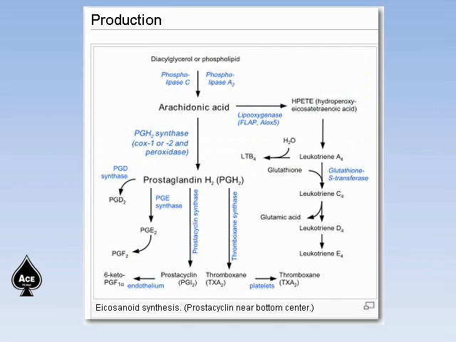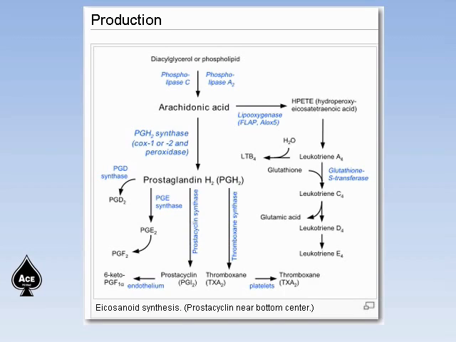I am showing the pathway of production of PGI2. Arachidonic acid is produced from diacylglycerol or phospholipid, and PGH2 synthase, that is COX1 and COX2, and peroxidase convert it into prostaglandin H2. PGD synthase makes it PGD2.